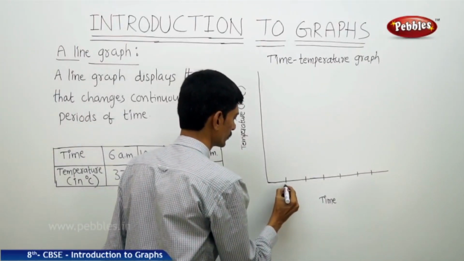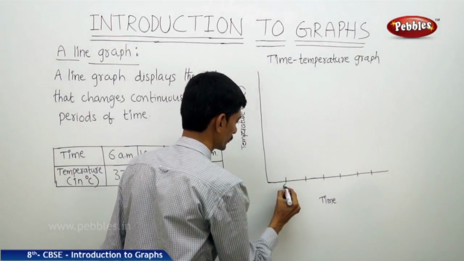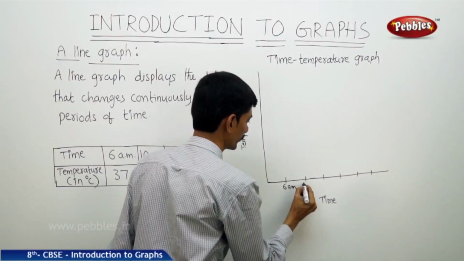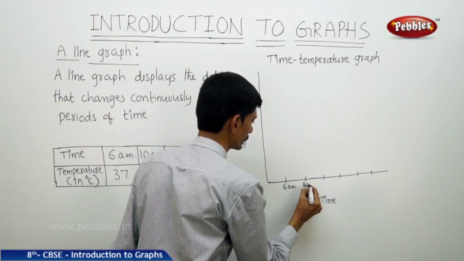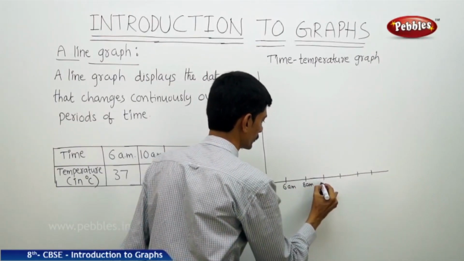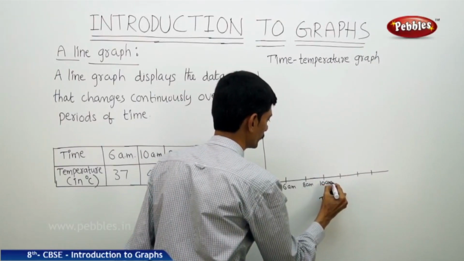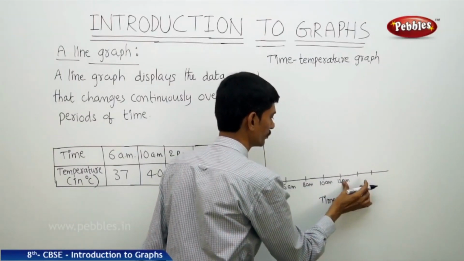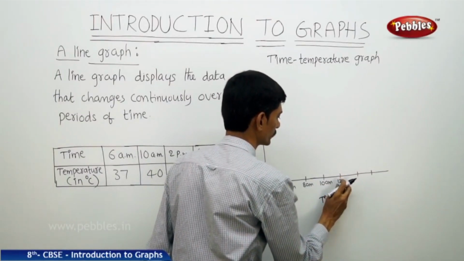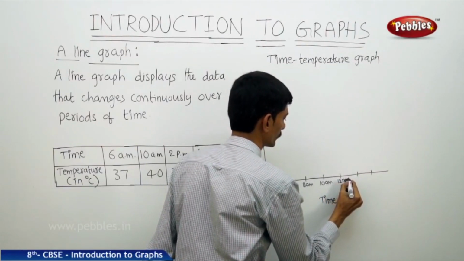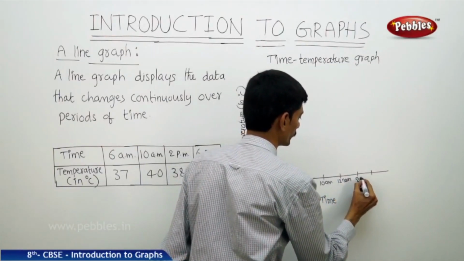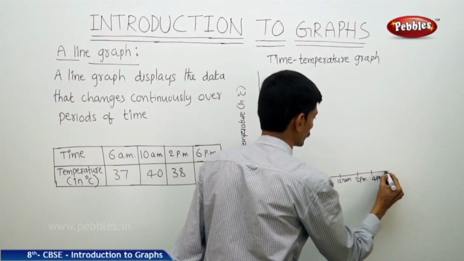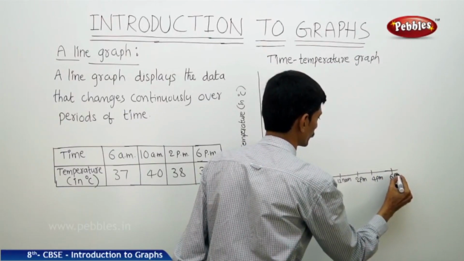So here 6, then 8 am, 10 am, 12 noon, then 2 pm, then 4 pm, then 6 pm.